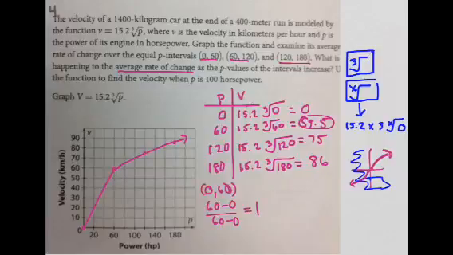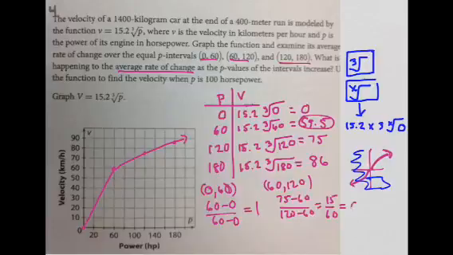And then from 60 to 120, I'm going to use these 2 points right here. So it's going to be 75 minus 60 over 120 minus 60. So that gives me 15 over 60, so that's 0.25. And then the next interval, 120 to 180.